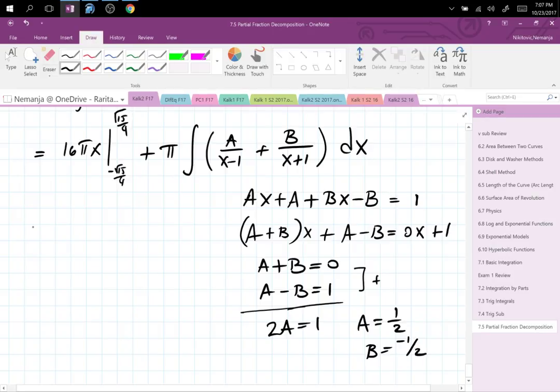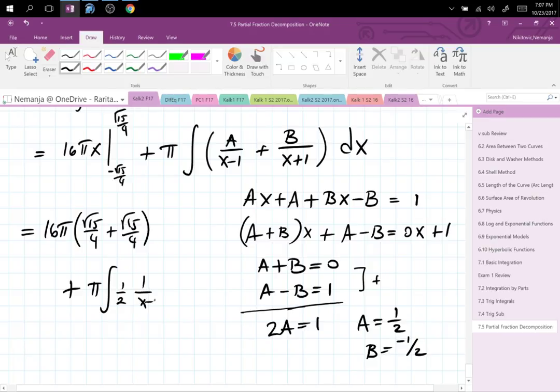So partial fraction decomposition is done. We have 16 pi root 15 over 4, minus and minus gives us plus root 15 over 4, plus the pi, and we have 1/2 1 over x minus 1 minus 1/2 of 1 over x plus 1.